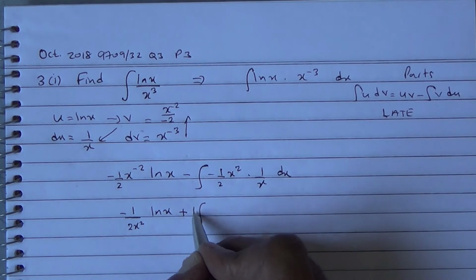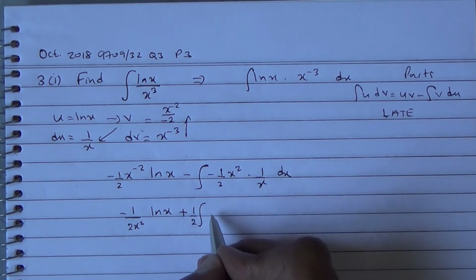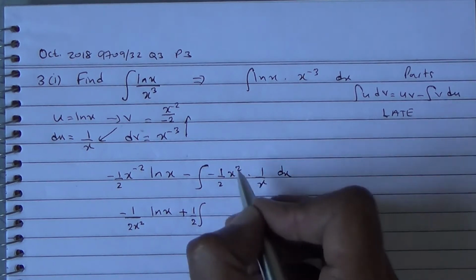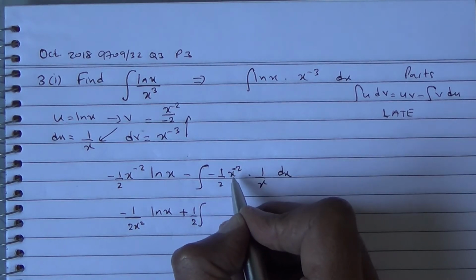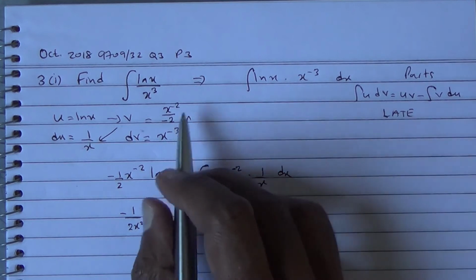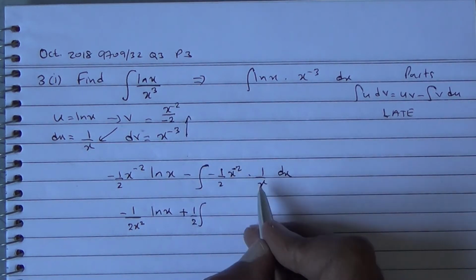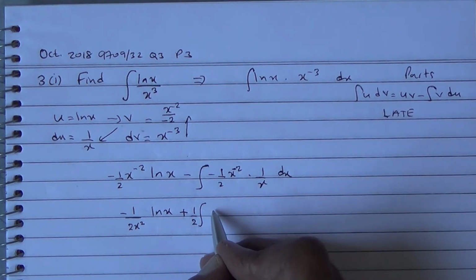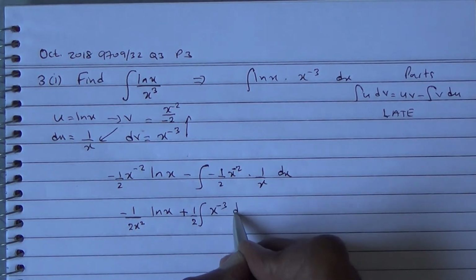I can put the half outside. x to the power minus 2 divided by x is, are we saying x squared? No, x to the power minus 2, isn't it? Yeah, because this is minus 2. Right, so x to the power minus 2 divided by x to the power 1 is x to the power minus 2 minus 1, x to the power minus 3, dx.